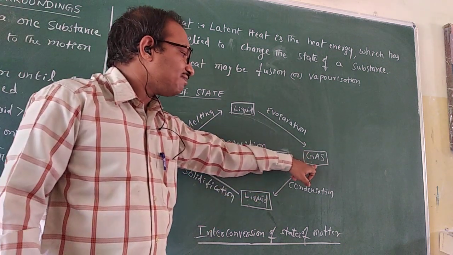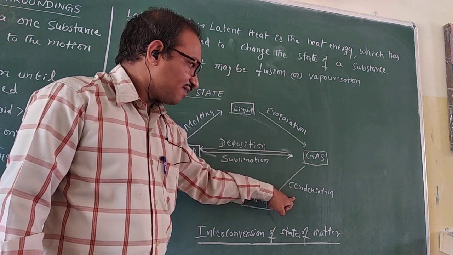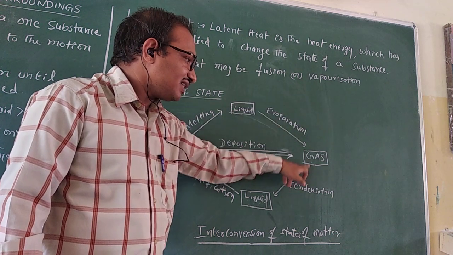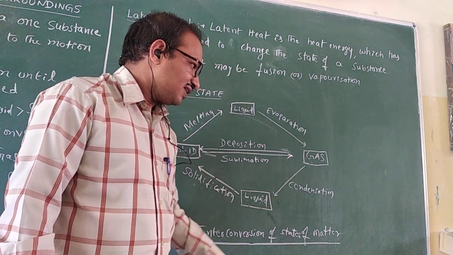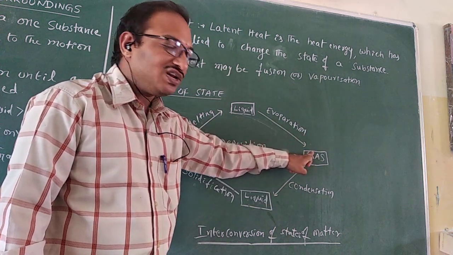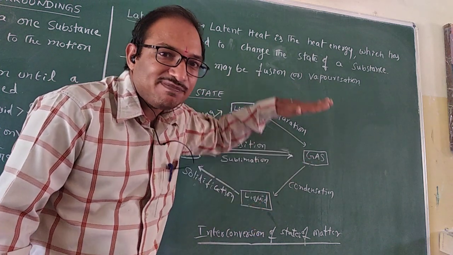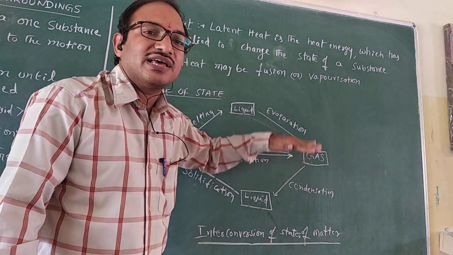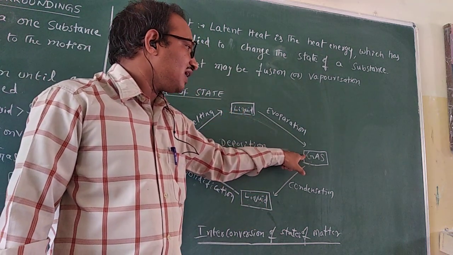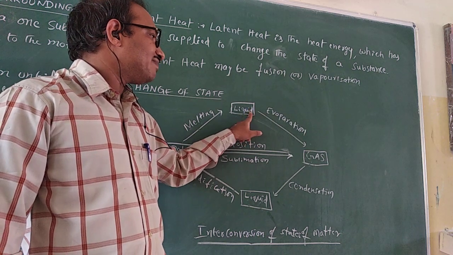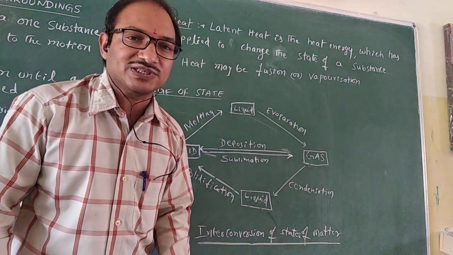If you increase the pressure on gas molecules, they are condensed to liquid, which is called condensation. Gases can be converted to liquid by increasing the pressure and decreasing the temperature. How are liquids converted to gas? By increasing the temperature. That process is called evaporation.